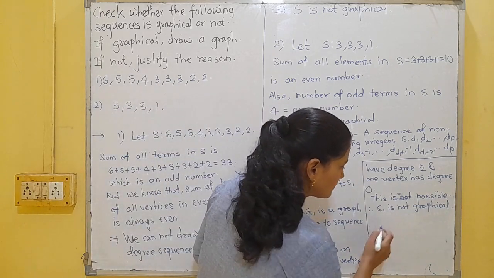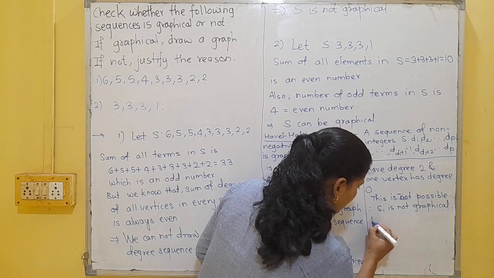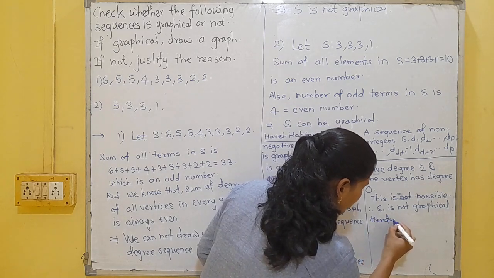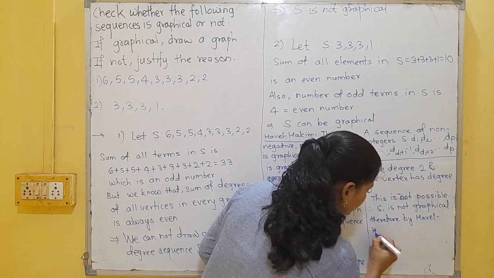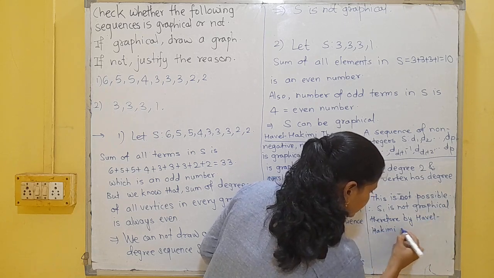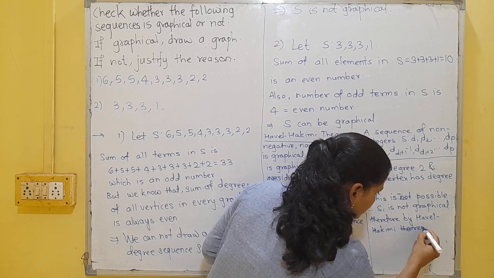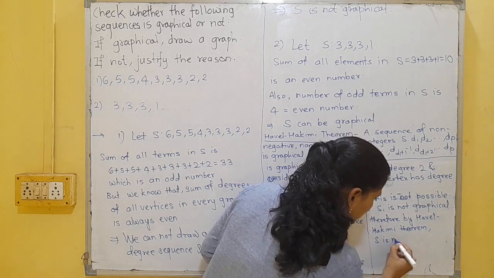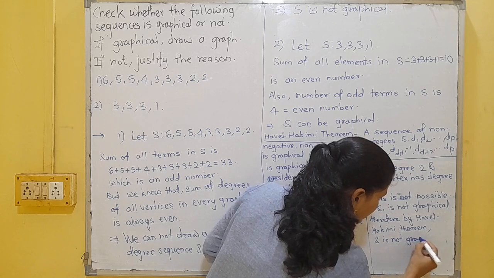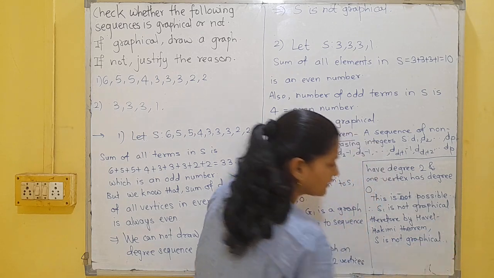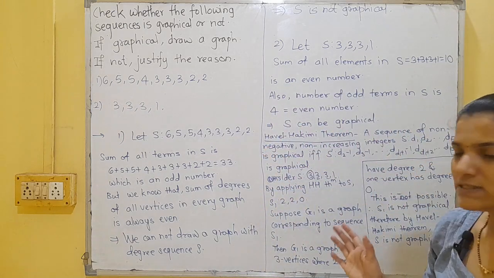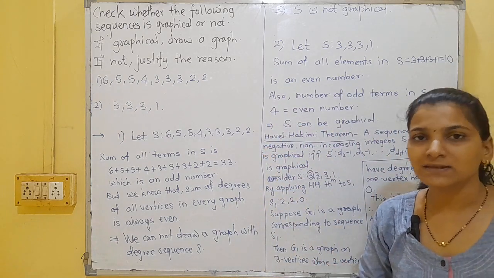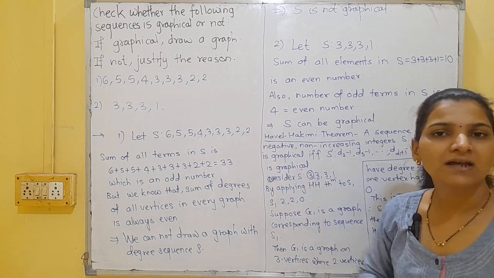Therefore, by the Havel-Hakimi theorem, S is not graphical. You may take a screenshot of this. We will explain another example of this type in our next video.